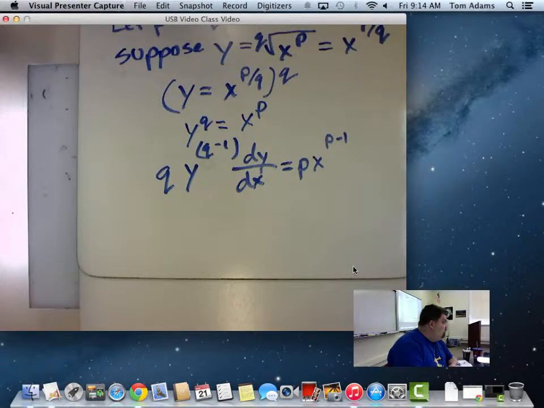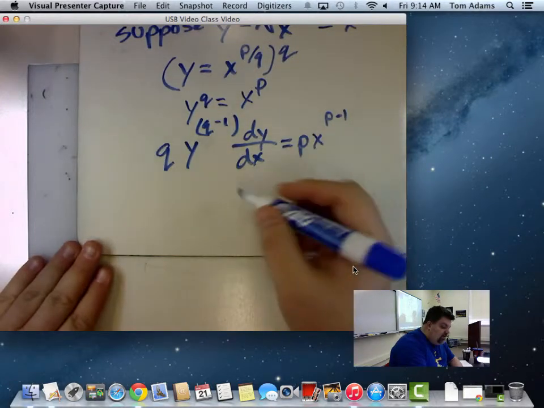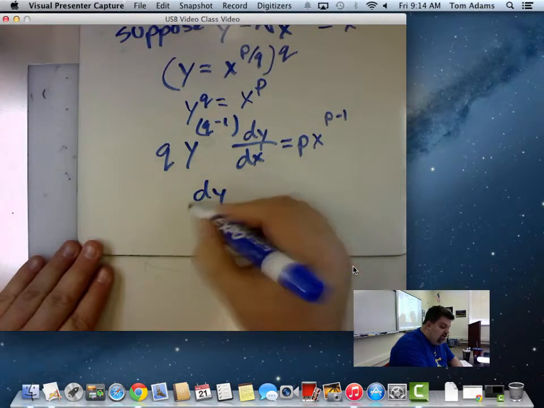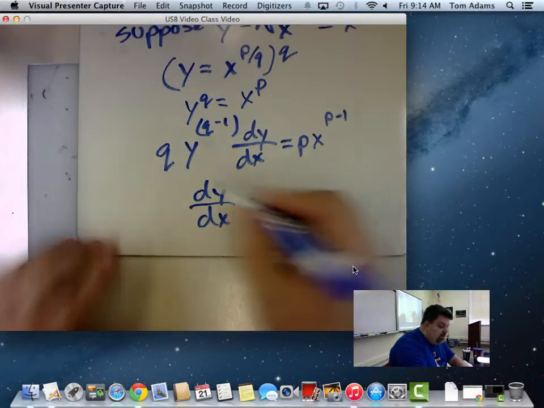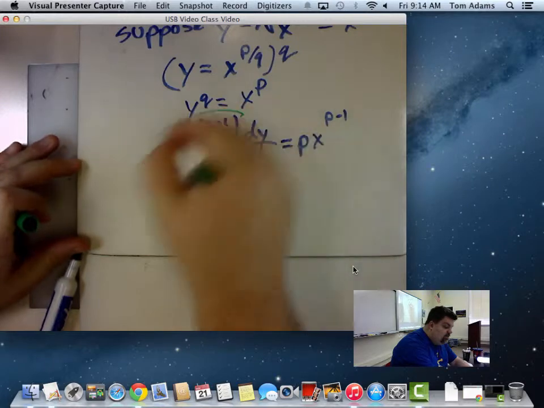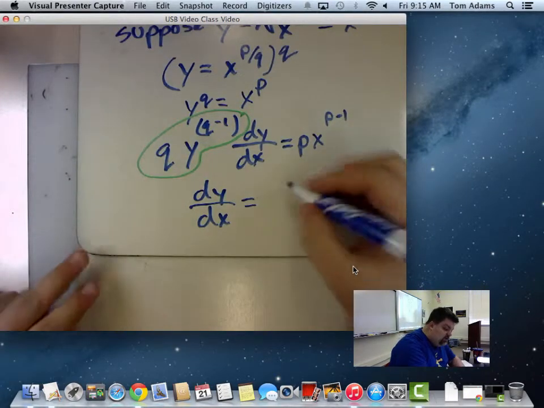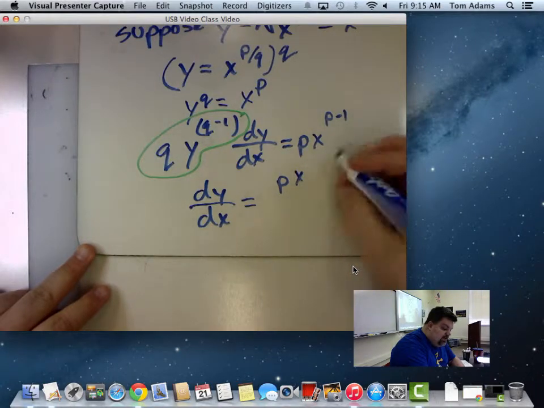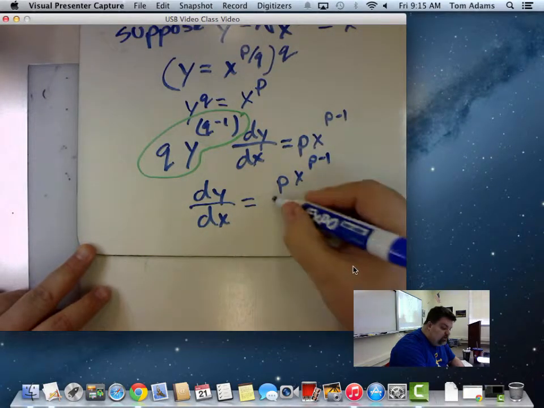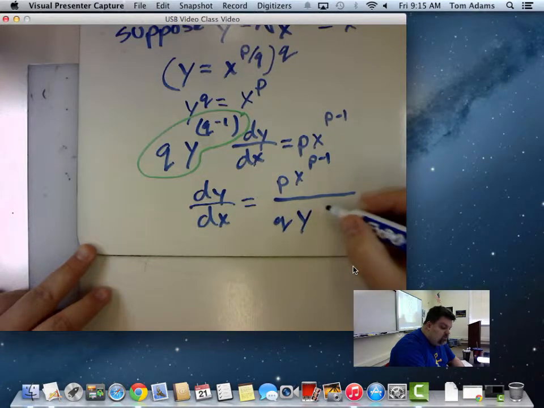We're doing implicit differentiation. So now to get dy/dx by itself, I'm just going to divide both sides by all this stuff. And so that should yield p times x raised to the p minus 1, all over q times y raised to the q minus 1.